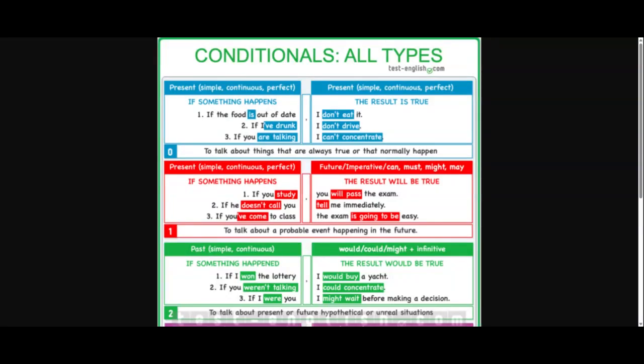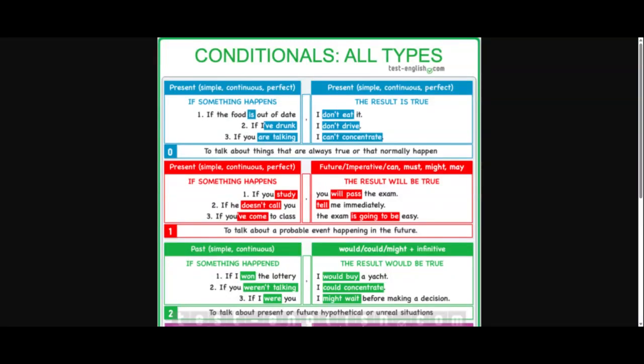Si calientas hielo, se derrite. Es para eso que utilizamos las zero conditionals. And also in this zero conditional group, we include the ones we use for giving instructions and advice. Because in those cases, we use imperative plus present.